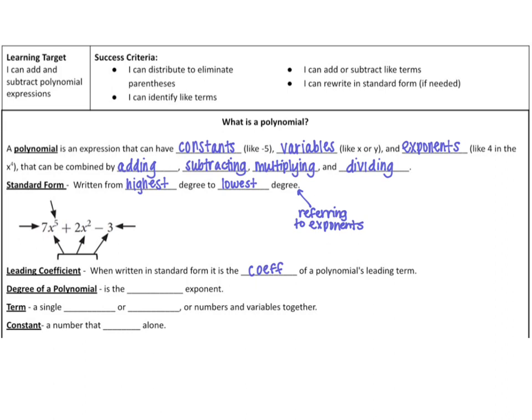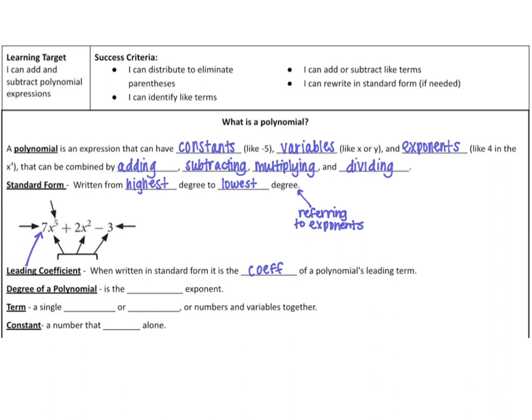So the leading term is the first thing written. So that 7x to the 5th power is my leading term. The leading coefficient is that 7. So I'm actually just going to draw an arrow right there and say that's my leading coefficient. 7 is my leading coefficient. My leading term is 7x to the 5th power.